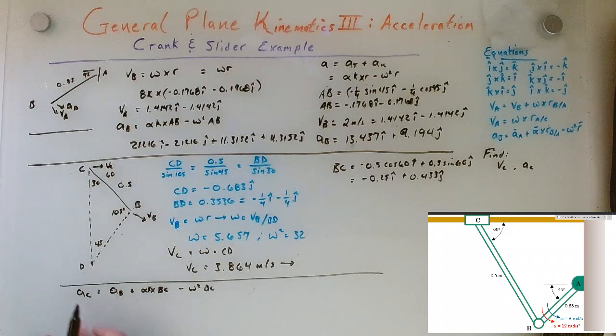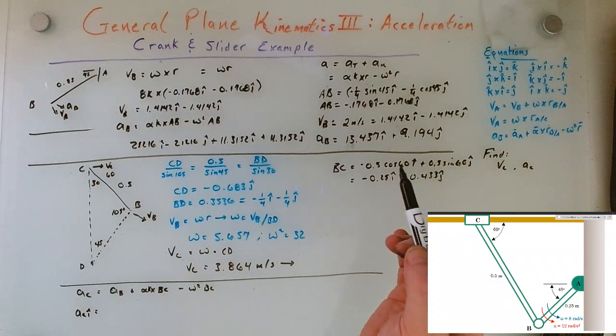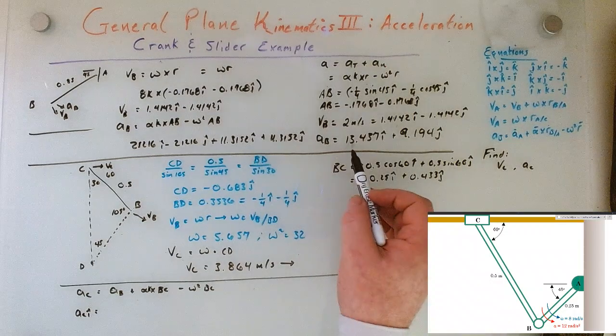A sub C, something to notice is that this can only accelerate in the I direction, right? So this is limited, and so we can rewrite this as A C I is equal to, and then A sub B is, where do we write it? We wrote it right here, this guy here.